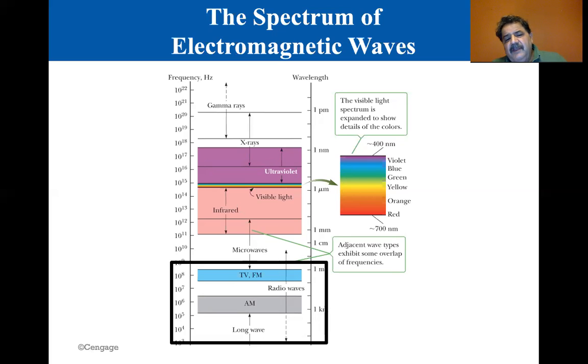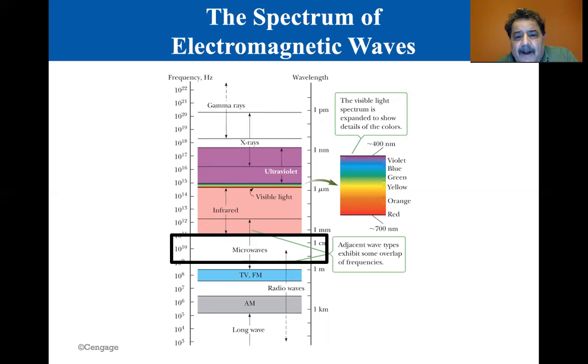Then you go to TV and FM. I listen to NPR a lot, that's 89.1 megahertz, and a lot of your TV is in that range. We're looking at the square box down at the bottom.